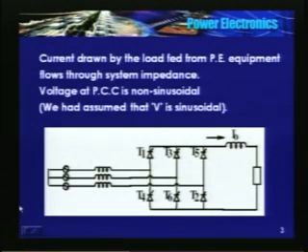Mind you, all our assumption so far is that input voltage to the bridge is a sinusoid. Now we found that because of the system impedance, the input voltage to the bridge itself may be a non-sinusoid. Here is a 3-phase bridge, the source is pure sinusoid.